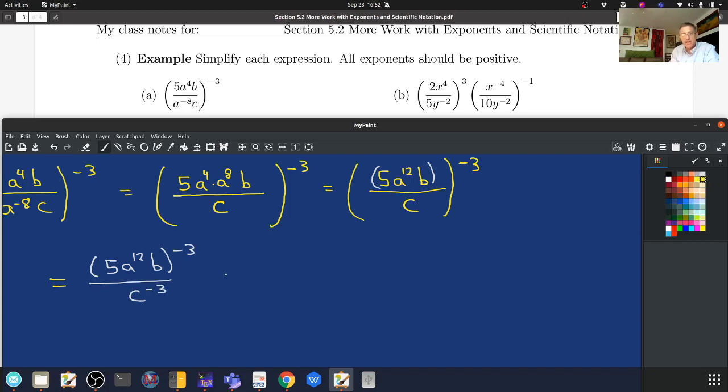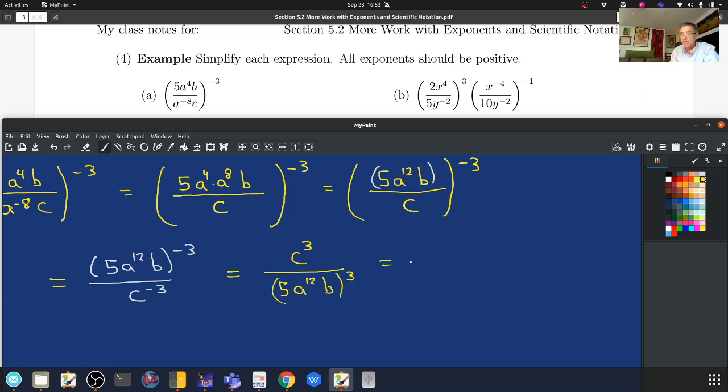Now let's get rid of the negative exponents. I mean, c to the minus 3 comes up, becomes c cubed, and then 5a to the 12th b to the 3rd stays on the bottom. And I'm almost done.